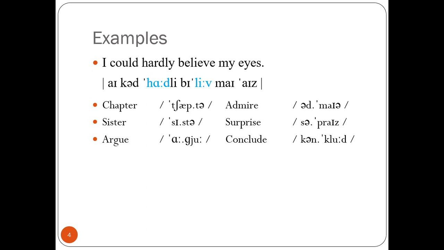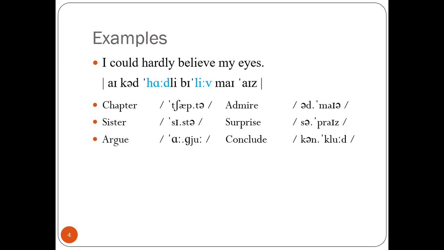Look at the rest of the examples and you would find that we have stressed syllables, like for example in the word chapter. Look at the first syllable, it has two syllables. The first syllable is made prominent here, but on the other hand we have another word, admire. It is the second syllable which is stressed.